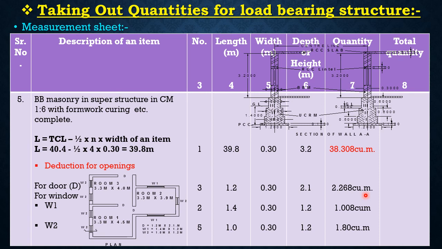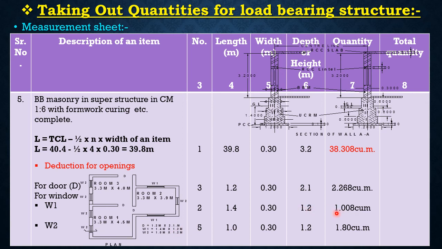There are two different sized windows, so one deduction for window W1, there are 2 W1 windows. So number is 2. W1 length is 1.4 meter, width is 0.30 meter and height is 1.2 meter.